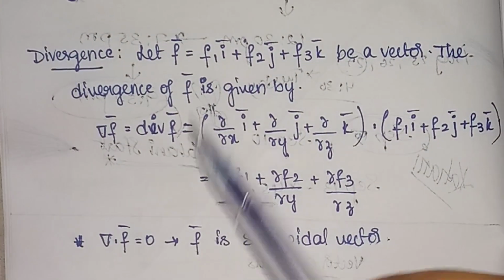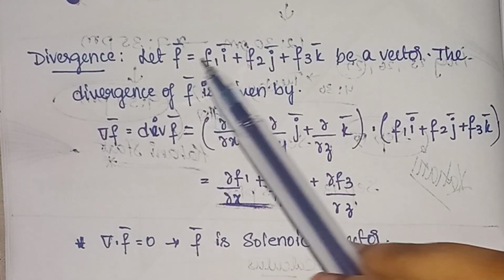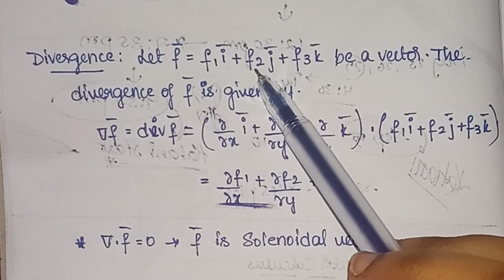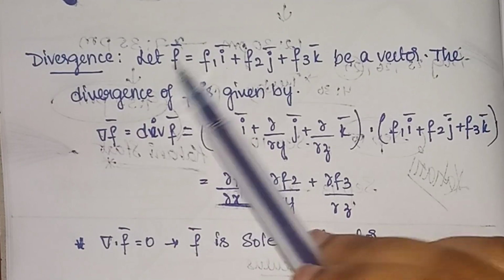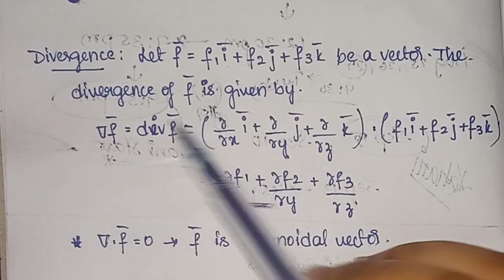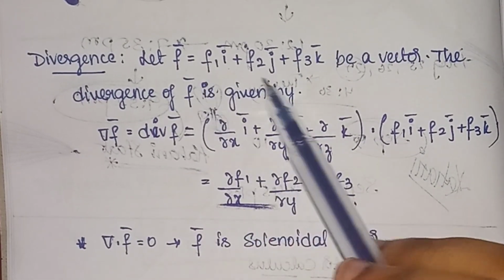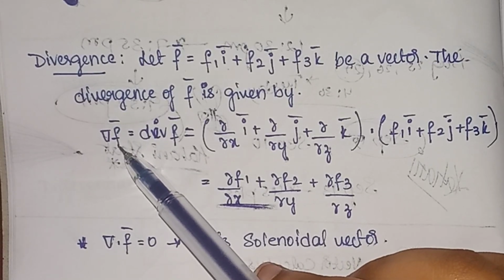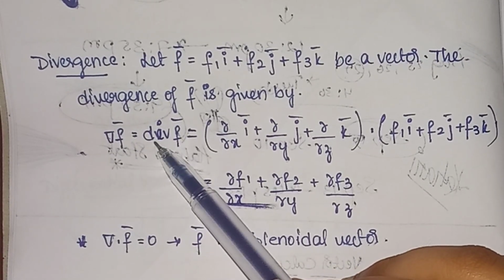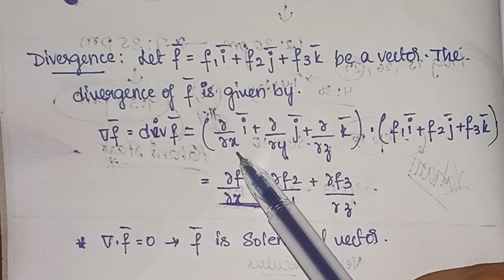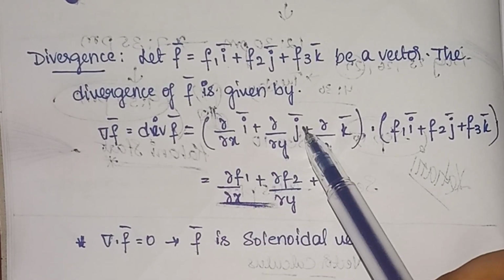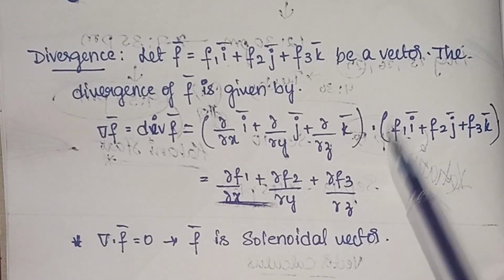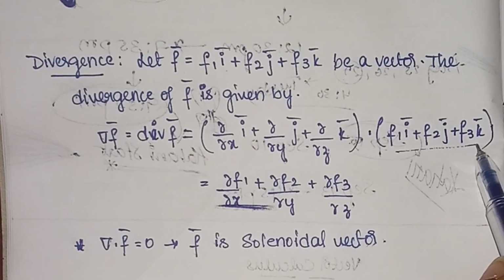So what is divergence? Let F bar is equal to f1 I bar plus f2 J bar plus f3 K bar. This is the representation of a vector, so let it be a vector, and the divergence of this particular F bar is given by del dot F bar is equal to divergence F bar is equal to dou by dou x of I bar plus dou by dou y of J bar plus dou by dou z of K bar dotted into the vector form.